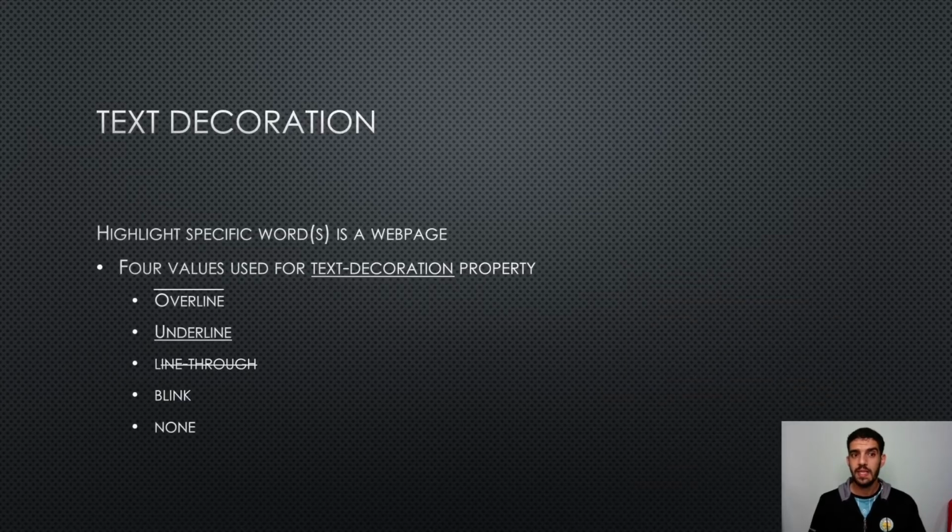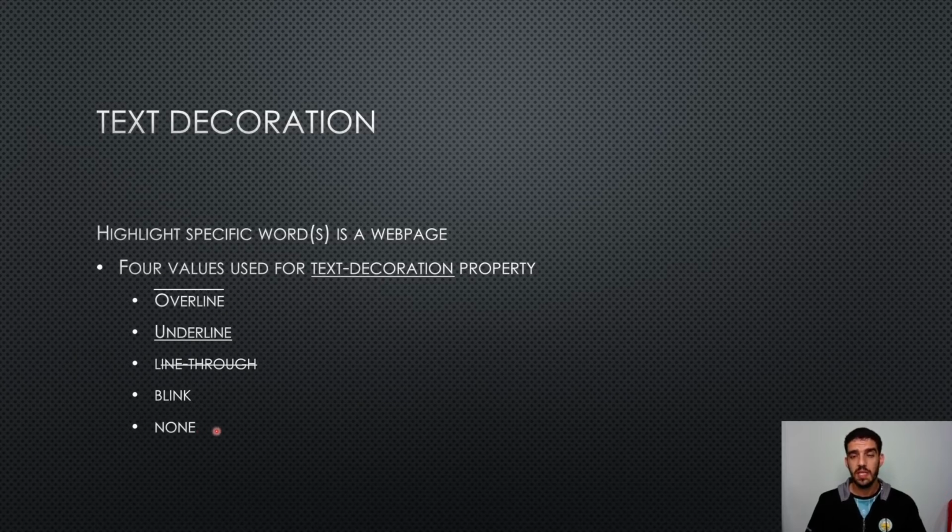Another property is text decoration, and it will be used to highlight some texts in your web page. Highlight could be done by overline, underline, line cross or cross line, or we call line through, and there is blink and none. It is not suggested to use blink, all right? So underline will be under the line.